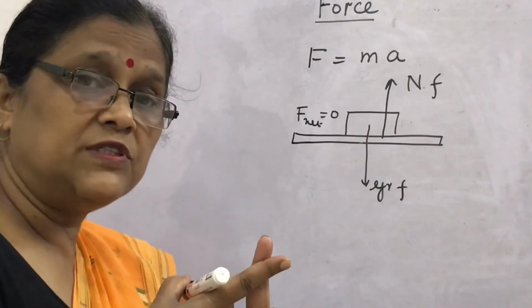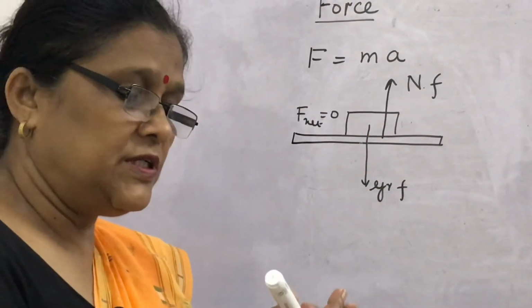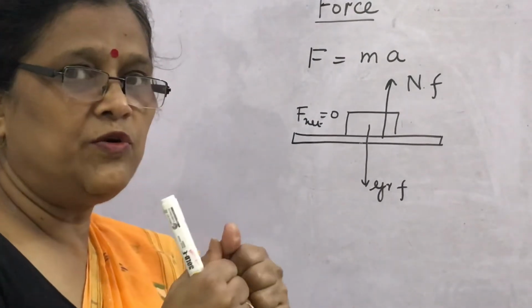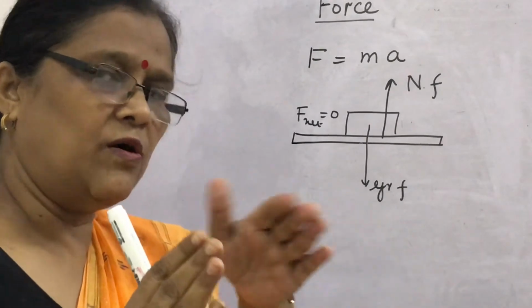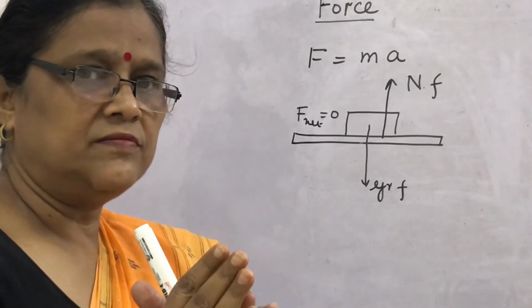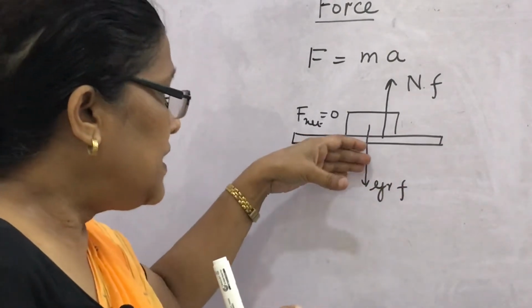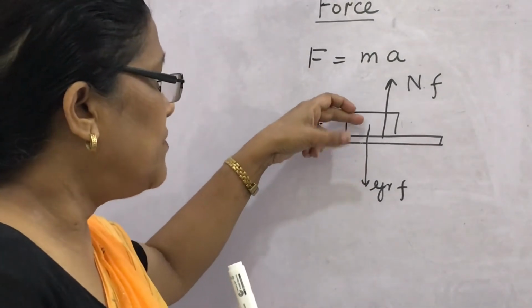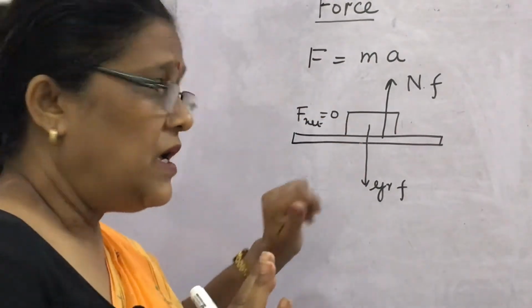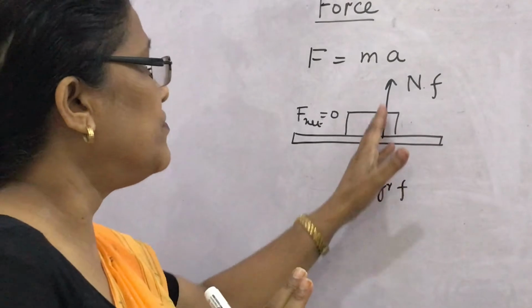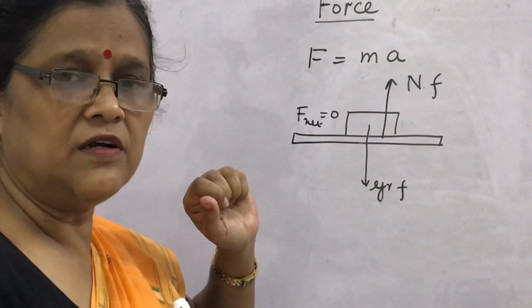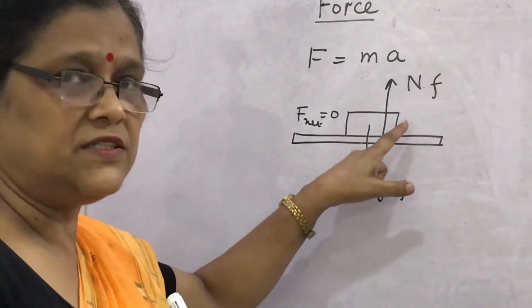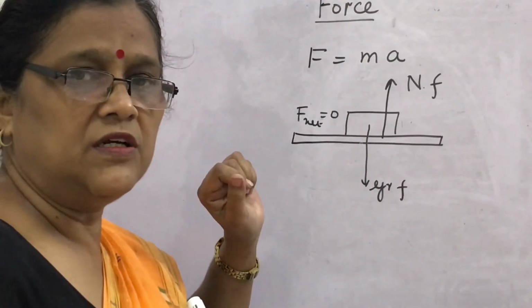Action reaction forces are the forces acting between two objects in contact, applied by one on the other. Here earth is applying the force on the box vertically downward and the table is applying the reaction force on the box vertically upward. So these are not action reaction forces.